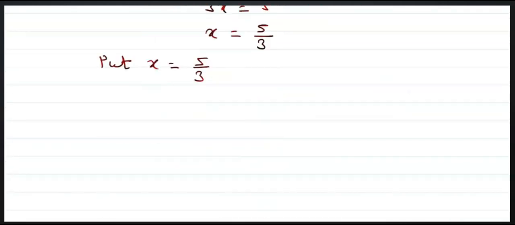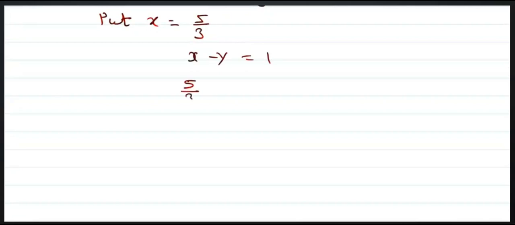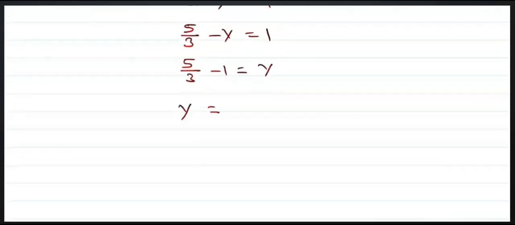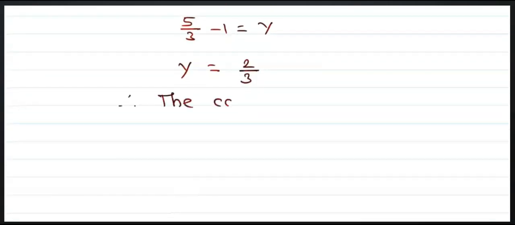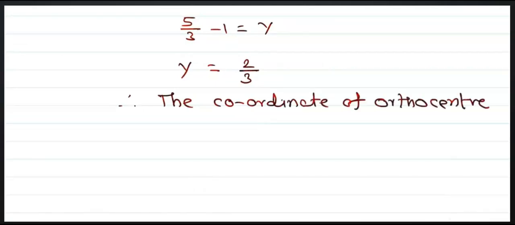Put x equals 5 upon 3 in x minus y equals 1. Therefore, y equals 2 upon 3. The coordinates of the orthocenter are (5 upon 3, 2 upon 3).